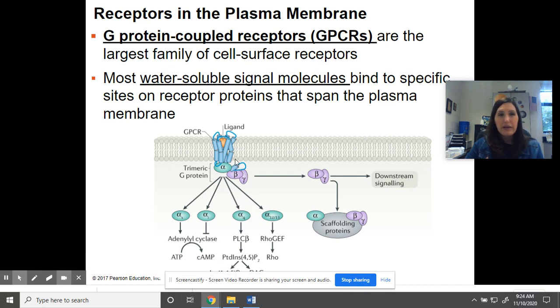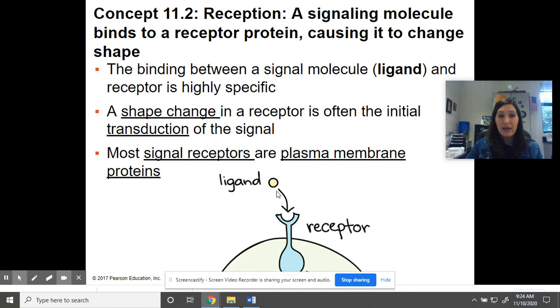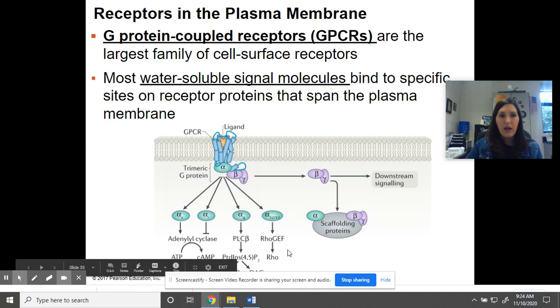The G protein coupled receptors, they call them GPCRs, and you're going to see this several times, are the largest family of cell surface receptors. So ligand is what binds, okay, a signaling molecule. And one of the types of receptors is the GPCR, the G protein.